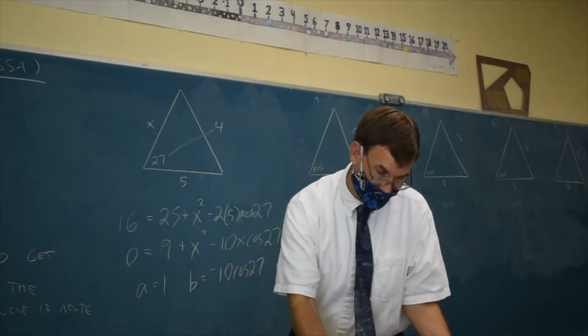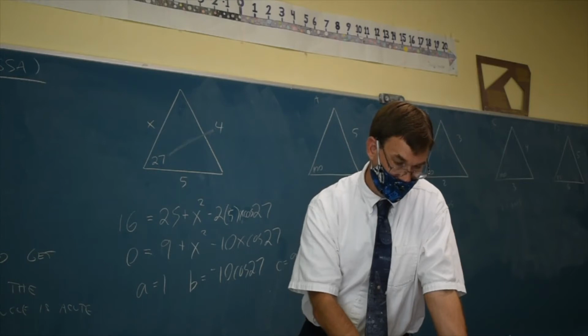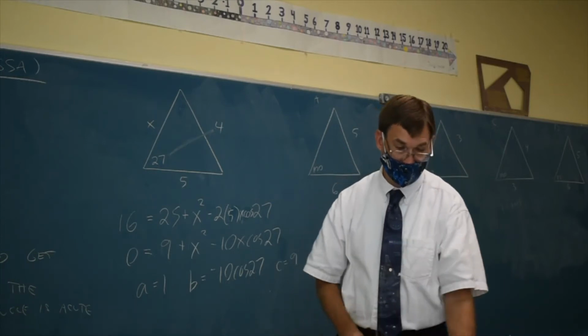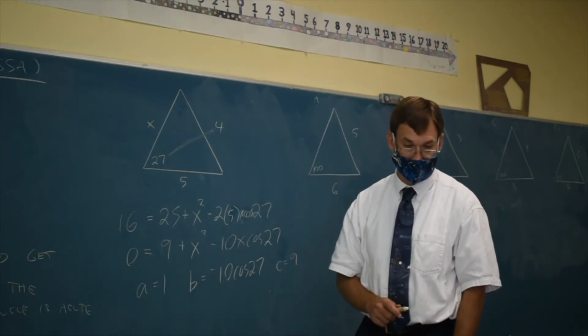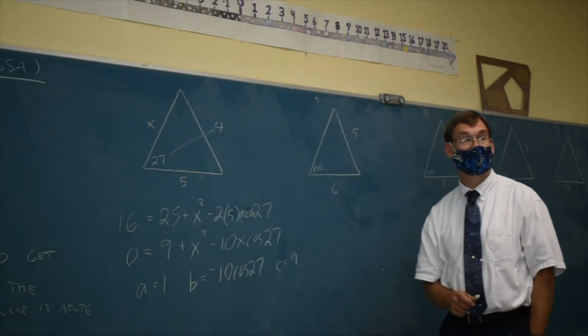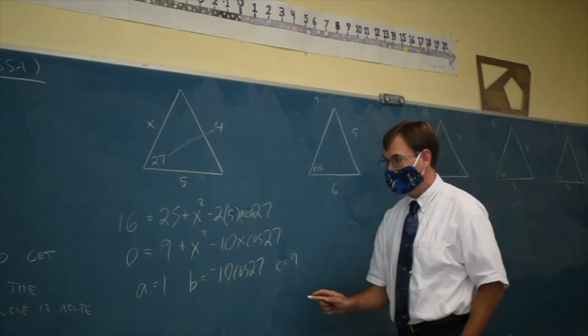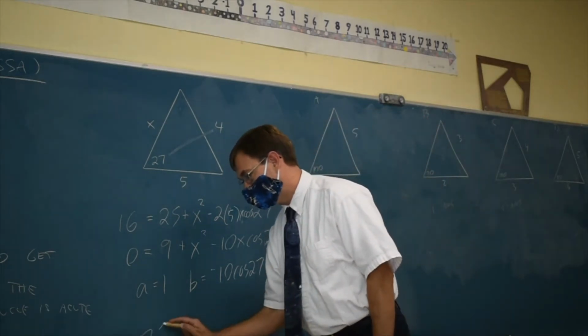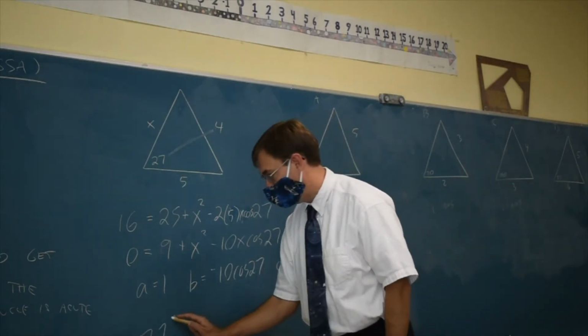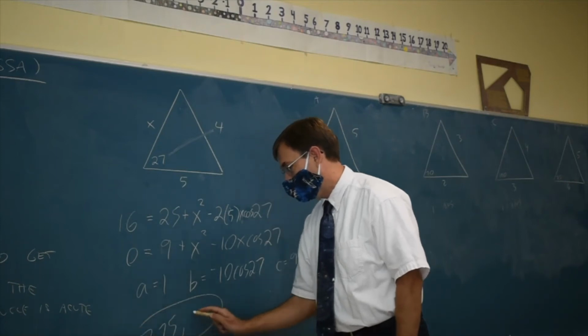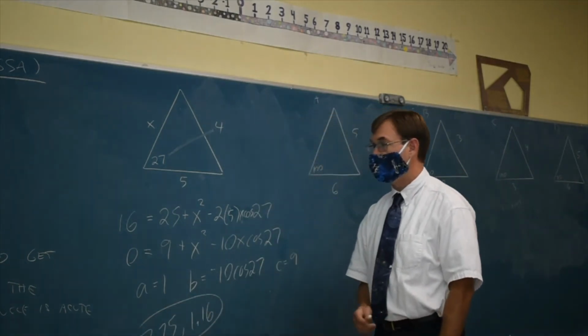And I'm thinking the program is going to say 7.75. Yes. And it's also going to say 1.16. So for today, you would just say 7.75 and 1.16 are both the answers.